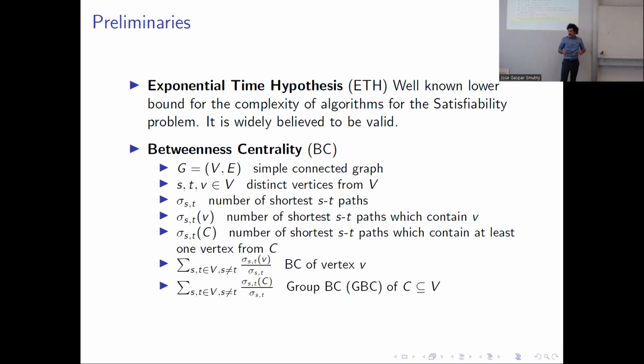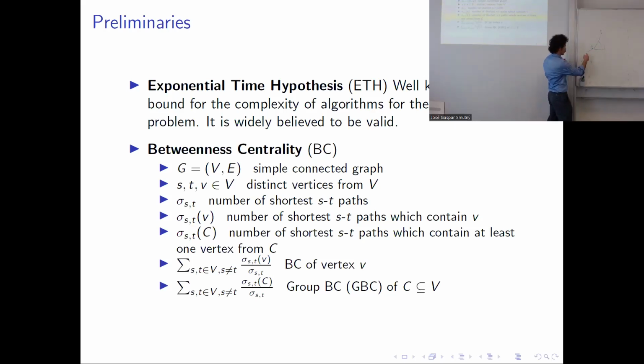Sigma st of b denotes the number of shortest paths which contain a given vertex b. So if I mark s, t and some b, then sigma stb will equal 1 because there's one shortest path and it covers that vertex. We can generalize this to groups of vertices.